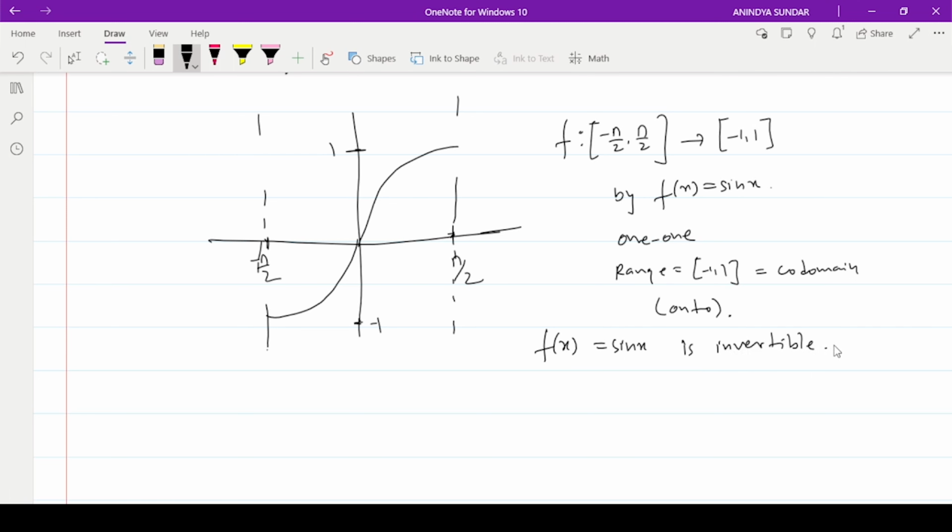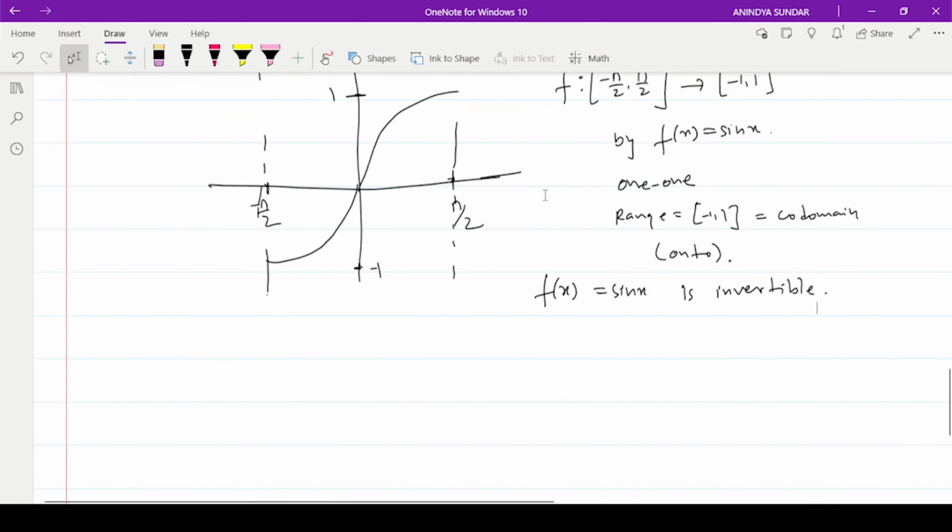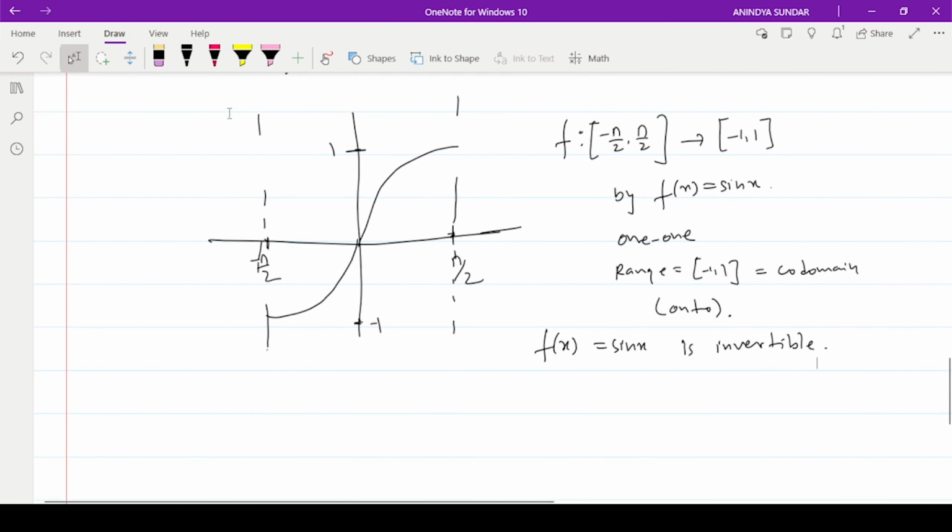Now if I know that this function is invertible, then how does the inverse look like? I will denote this inverse function by this symbol. This is the inverse of sine. This is the notation.